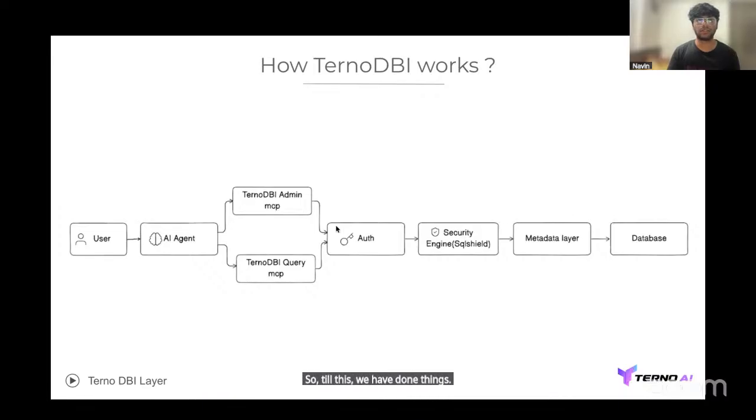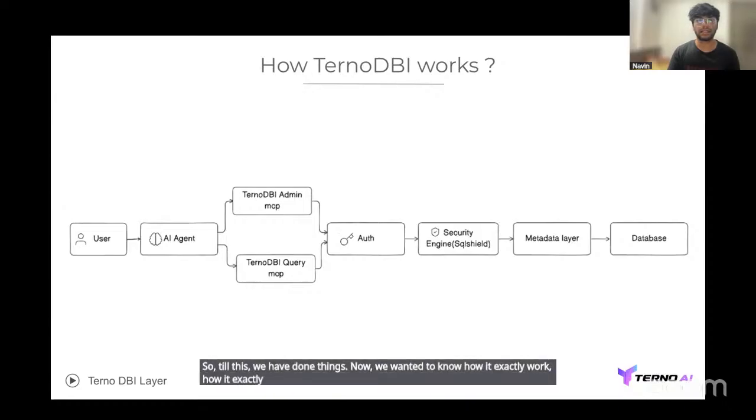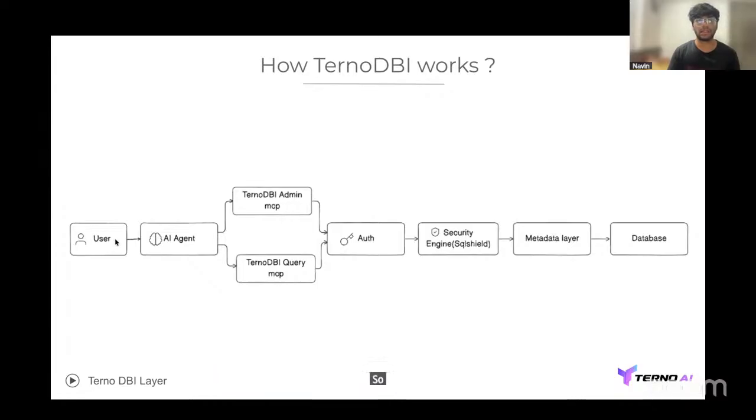Now we want to know how it answers our query and how it provides security. Let's say I'm a user and I have a normal question like, what are the tables inside my data source? I just type that as a prompt to the AI agent.